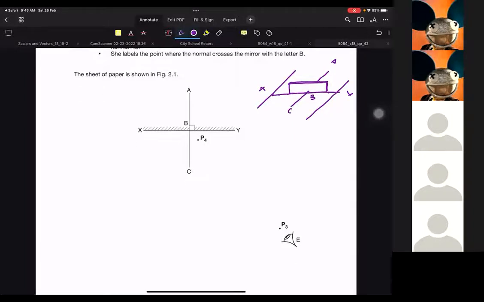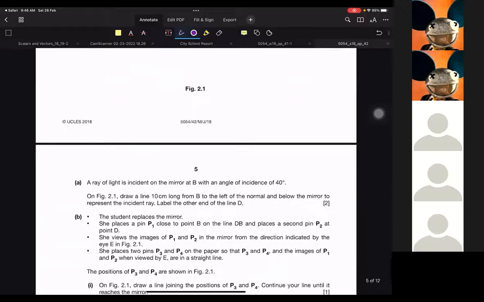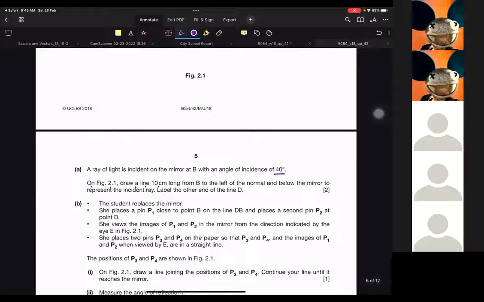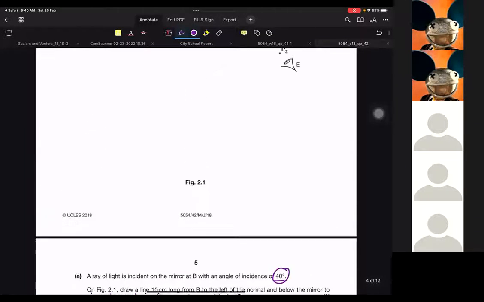Now, then they say a ray of light is incident on the mirror at B when the angle is 40 degrees. On the figure, draw the line 10 centimeters long from B to the left of the normal to represent the incident ray. Label the other end of the line D. Now you need to know that the incident angle should be 40.